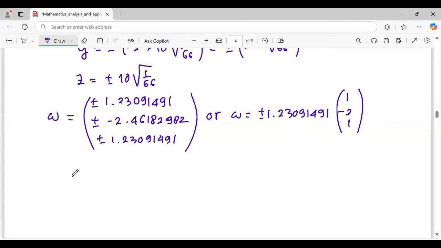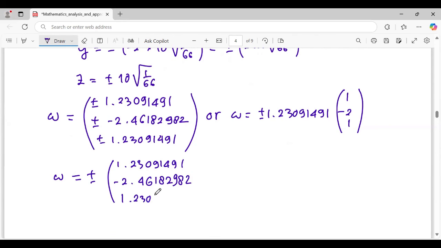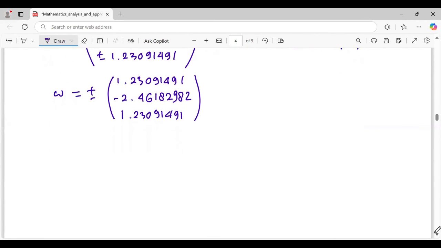Or we can write plus or minus (1.23091491, minus 2.46182982, 1.23091491). As well, you can write according to that version.